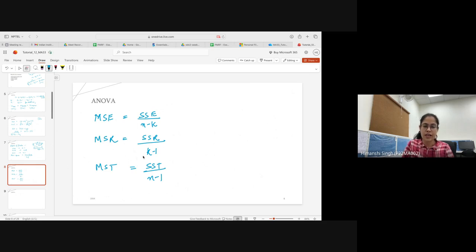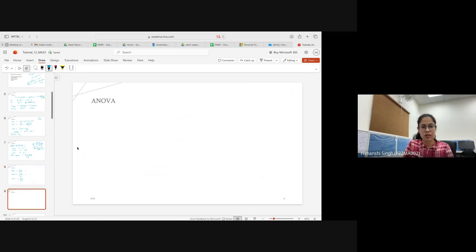Now our test statistic will be based upon these two quantities, MSR and MSE. In order to test the hypothesis, we have the F statistic. Why F statistic? Because this statistic follows the F distribution.